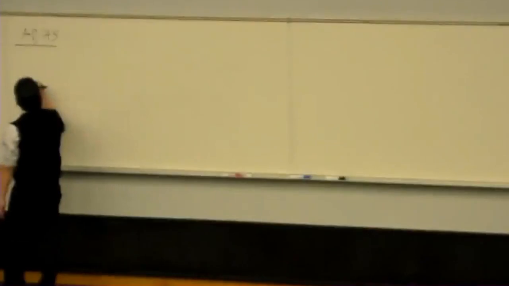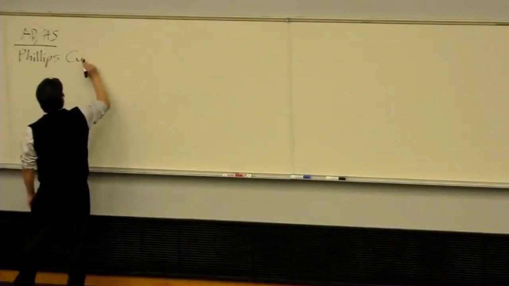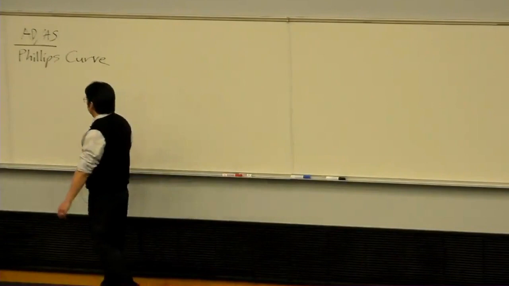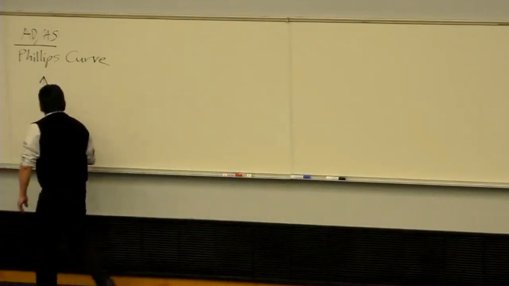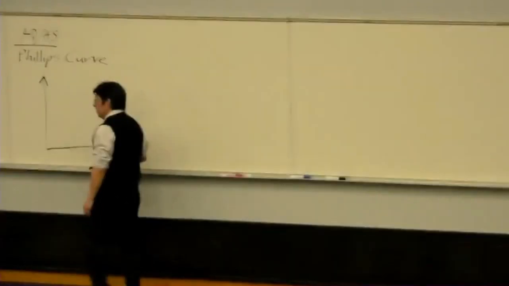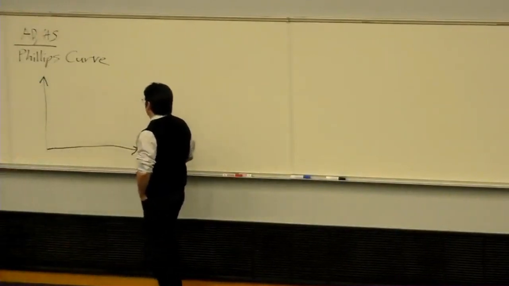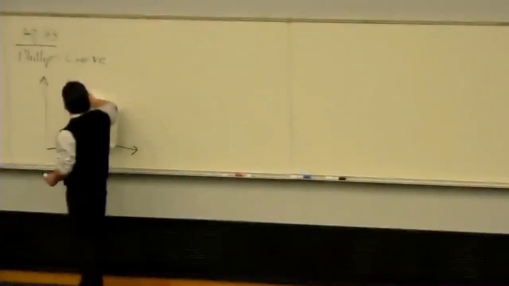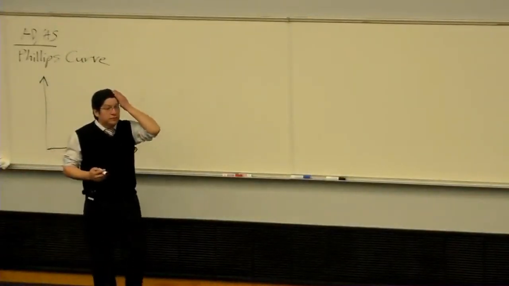So the Phillips curve was something discovered by, obviously, an economist whose name was Phillips. And what he did was that a long time ago, I think if I'm not mistaken in the 60s, maybe in the 50s, he wanted to see whether there was a relationship between some of the key macroeconomic aggregates that we care about.